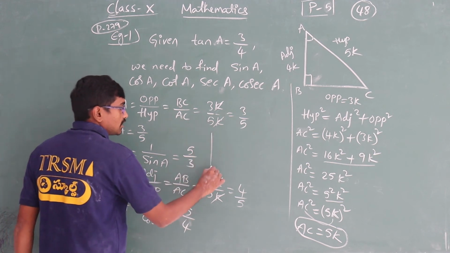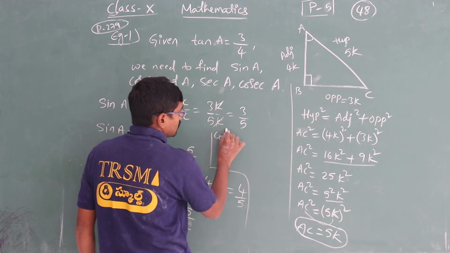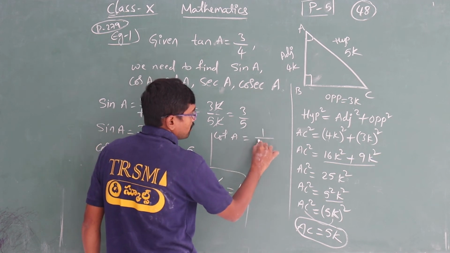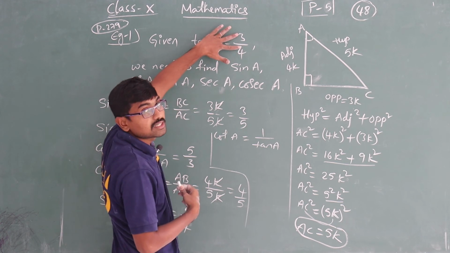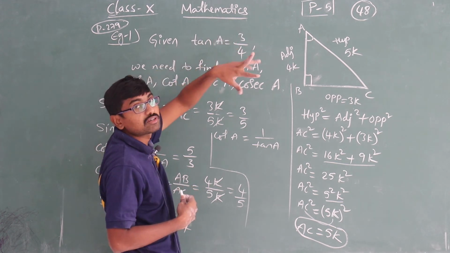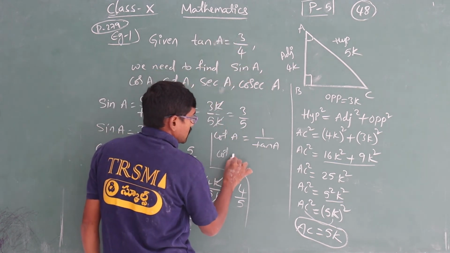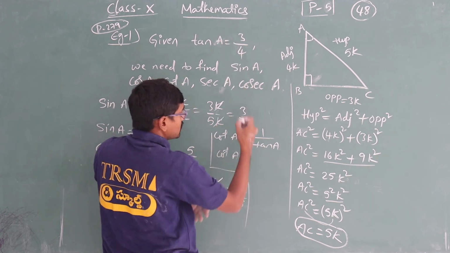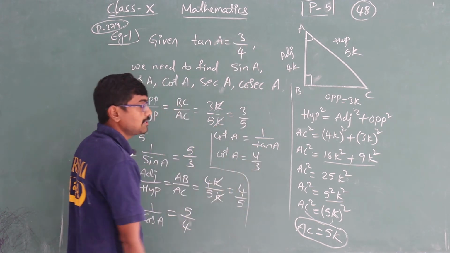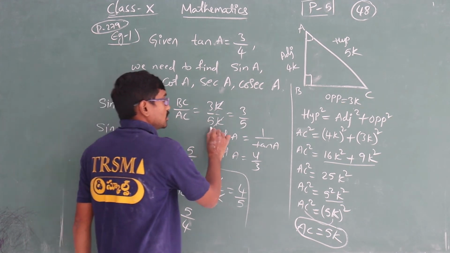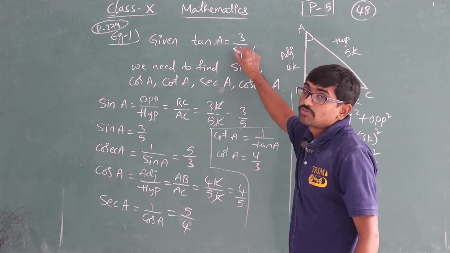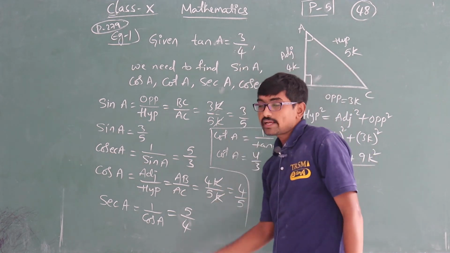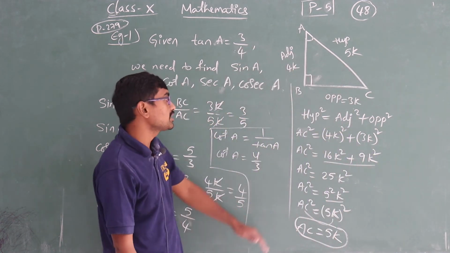And what about cot? Very easy. Cot A is equals to 1 by tan A, reciprocal of tan. So what is tan here? 3 by 4. What does cot become? Reverse of that. So cot A is equals to 4 divided by 3. That's it. So this is how, if trigonometric ratios are given, first we have to convert that into a right angle triangle and simplify that.